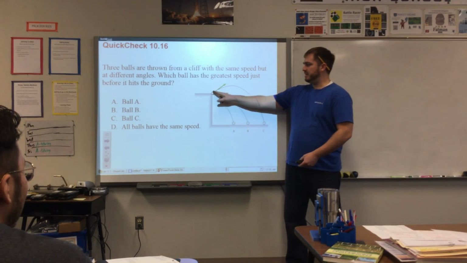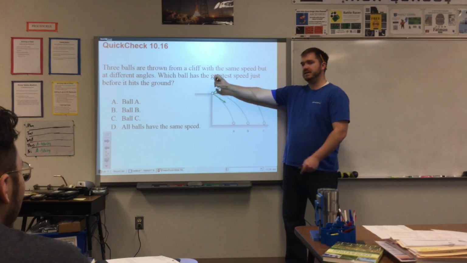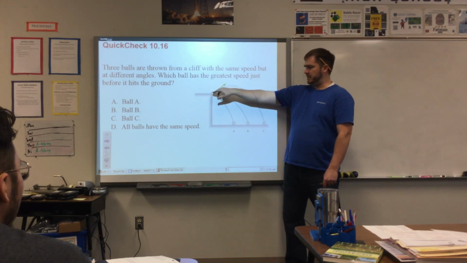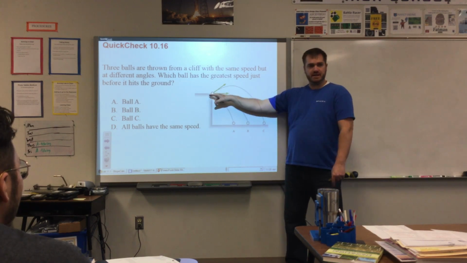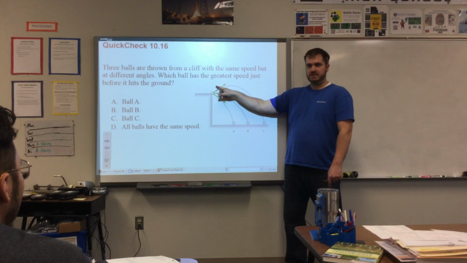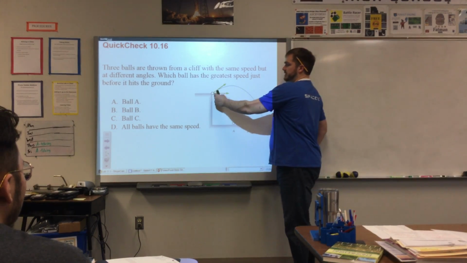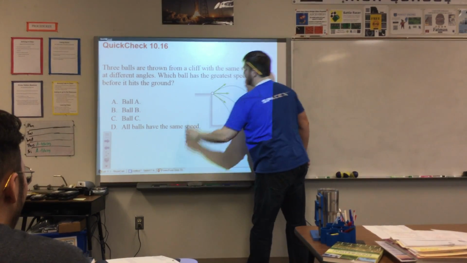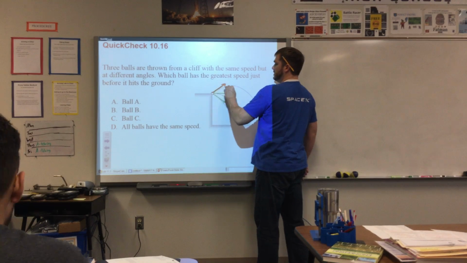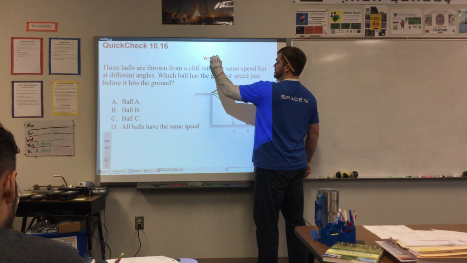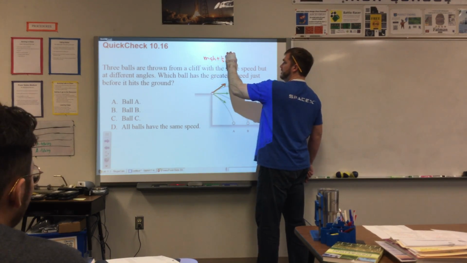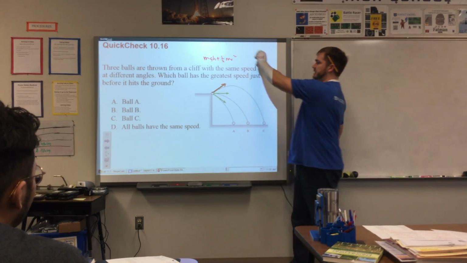But in this case, we don't just have the girl sitting at the top of the slide initially. In each one of these situations, the ball also has kinetic energy. Does that make sense? So the initial is mgh. So for this one right here, the ball has mgh plus 1/2 mv squared initially.